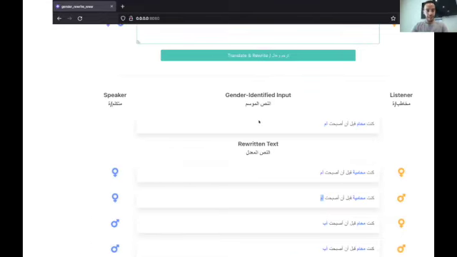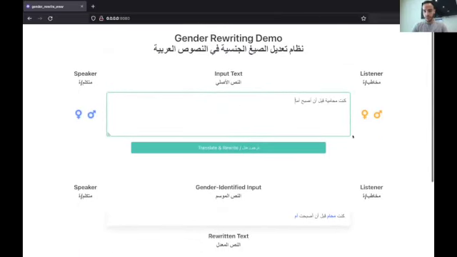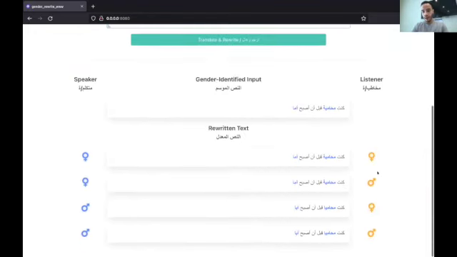Now, if we look at Arabic only examples, and if we look at the corrected version of this English sentence, which is كنت محامية قبل أن أصبحت أمًا, we would see that the system was able to generate all the correct outputs with the correct casing and the grammatical genders based on the specified users.